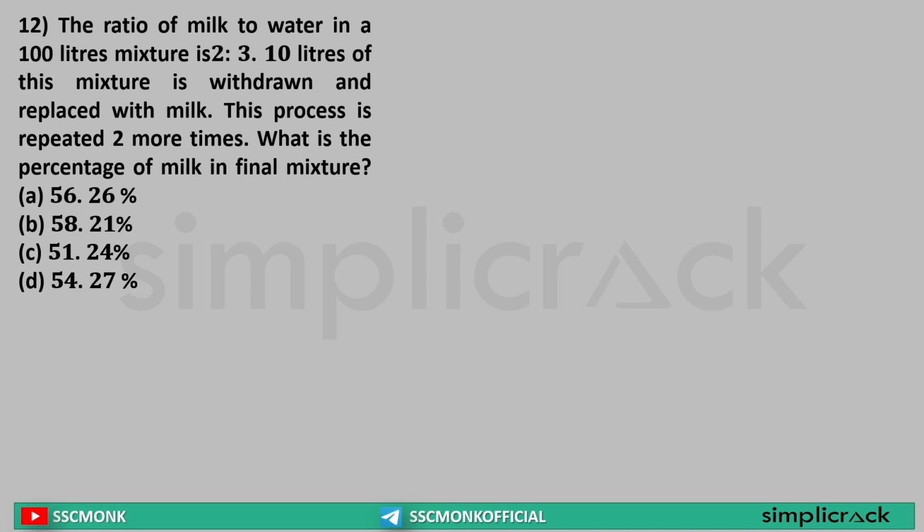Now, what is happening? The mixture is getting replaced by milk. That means the quantity of milk will increase first of all. Yes or no? Yes. So the amount of water will decrease. This is a very basic idea. The amount of water left will be initial quantity multiplied by 1 minus replacement quantity divided by initial quantity, that is 100.